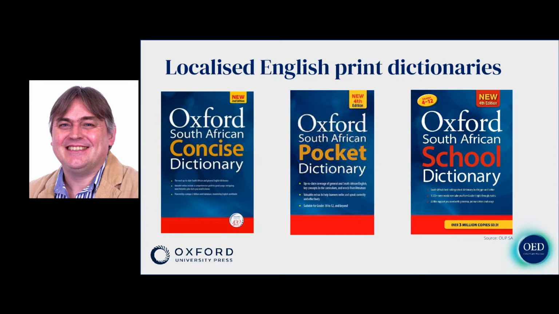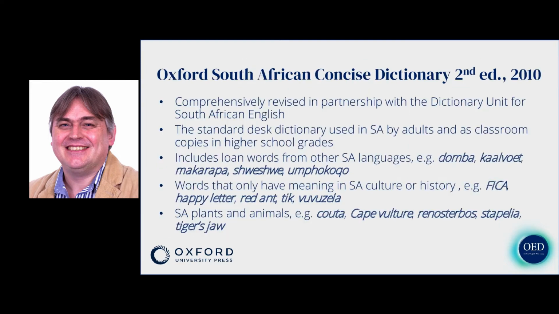And here there is a range from our flagship Oxford South African Concise Dictionary down to a range of school dictionaries, of which the Oxford South African School Dictionary is our best-selling title and, for us, our key priority in driving localized dictionary making into our school system. But firstly, just to focus on the Oxford South African Concise Dictionary, which is our flagship.